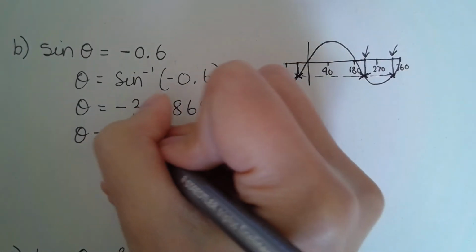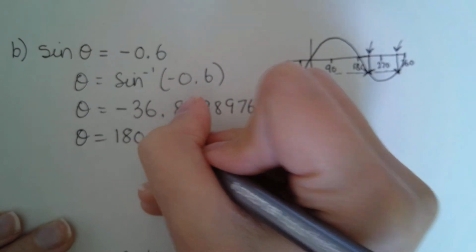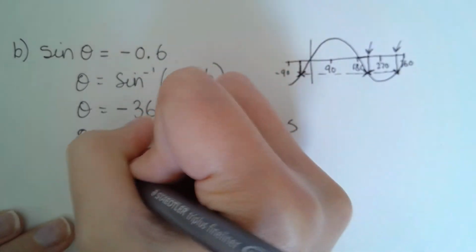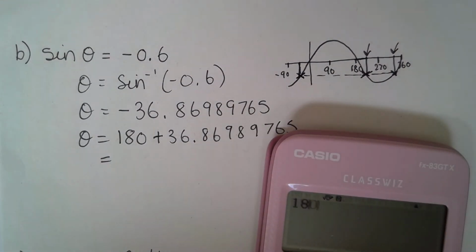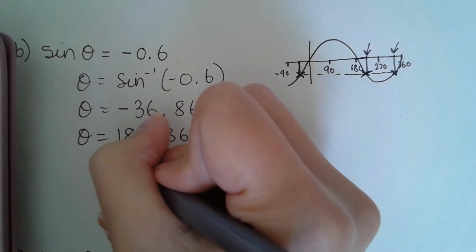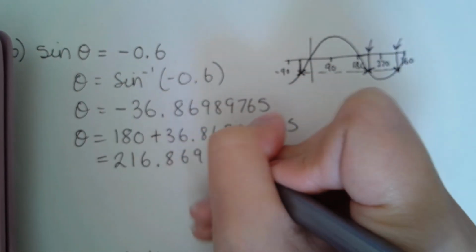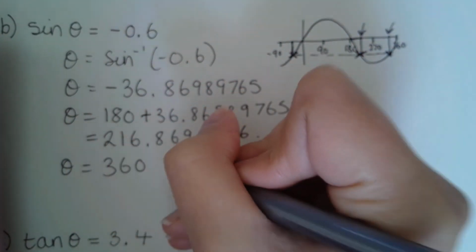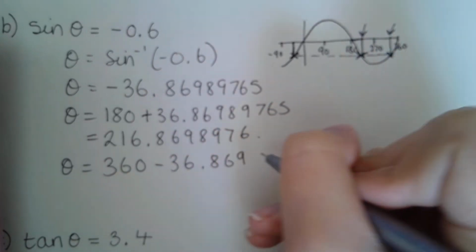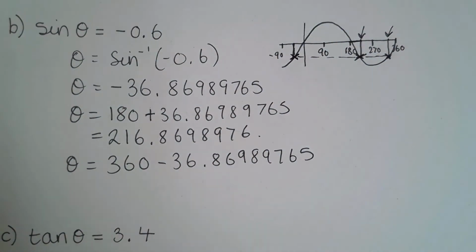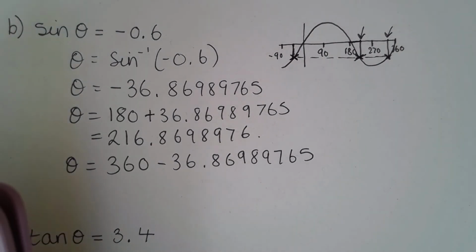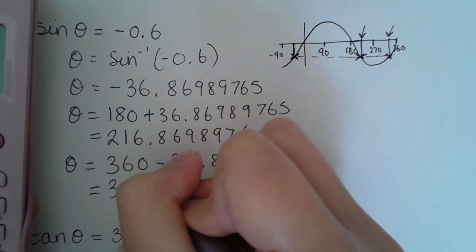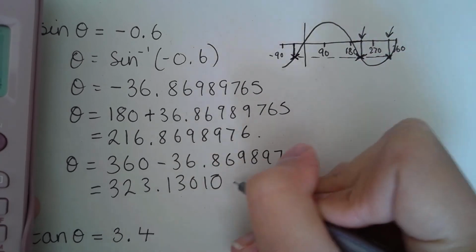So I'm doing 180, it'll end up being plus 36.86989765, which equals 216.86989766, and our other value, 360 take 36.86989765, is 323.13011024.